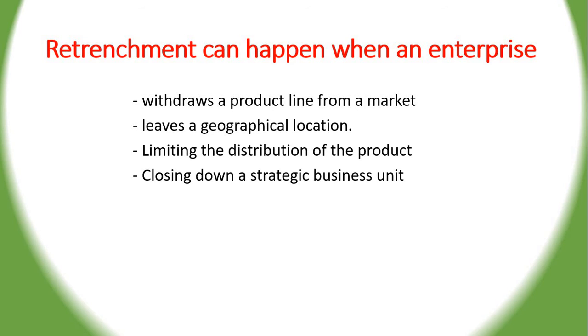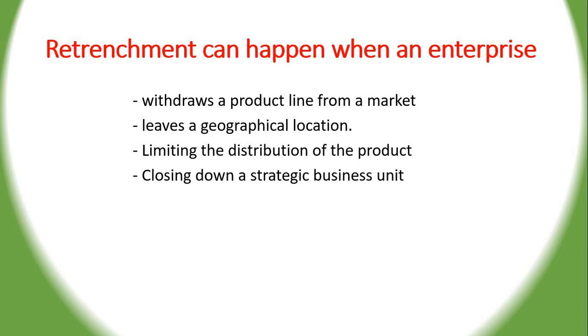At first, whenever the organization withdraws a product line from a market, so withdrawing a product from a market which doesn't have an attractive industry, or the product does not perform as well as compared to the competitors. So the retrenchment strategy happens when the organizations are withdrawing a particular product line from the industry or leave a geographical location.